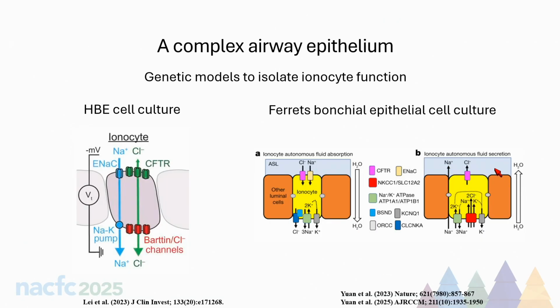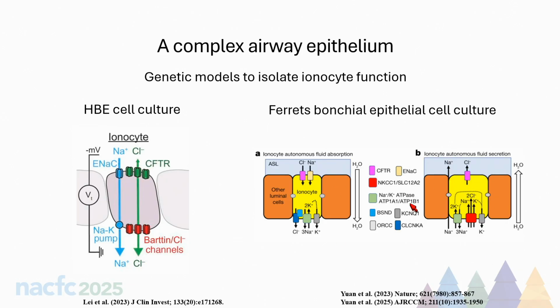The paper by Lei from Jan Thorner's lab and Feng Yuan from John Engelhardt's lab both conclude, using mutated cells, that ionocytes are moving sodium. You can see sodium transport through ionocytes according to the paper by Lei, and secretion or absorption of sodium and chloride through ionocytes in ferret tissue.